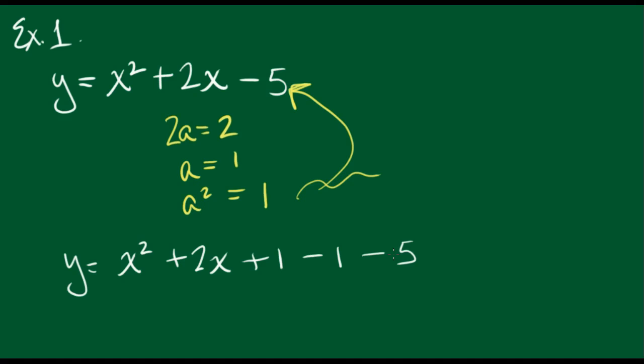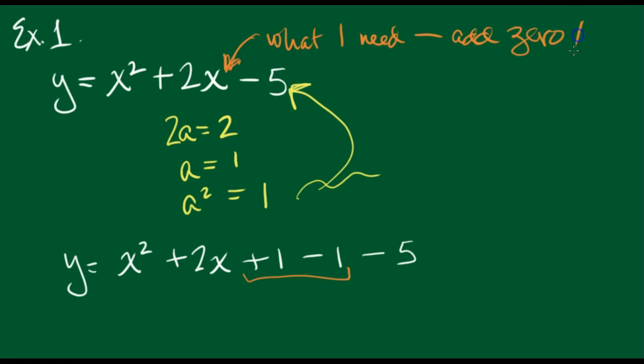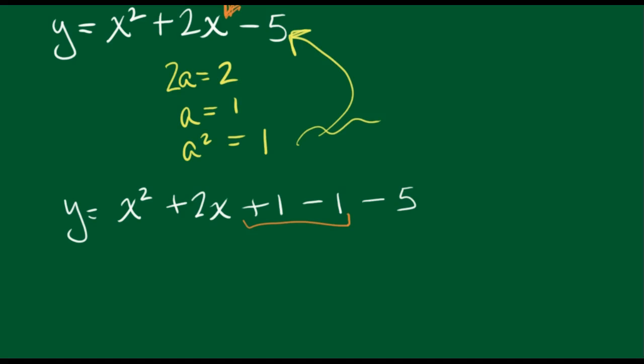So I am interjecting right here what I need. Now, what I have here is just the number 0, so I am adding 0 to the original equation. So how does that come out? Now I'm going to group things a little bit differently.